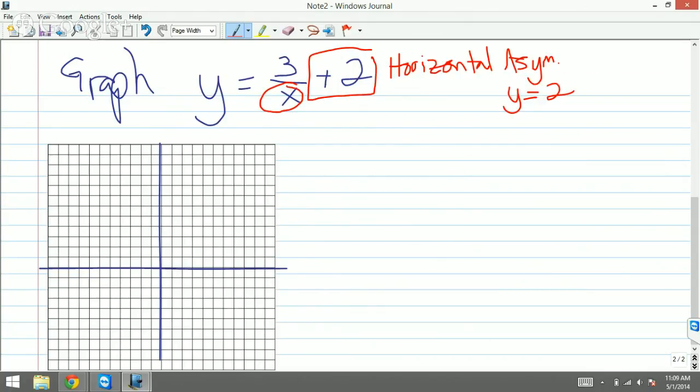Where is that undefined? If I divide by what? In math, it's undefined. 3, really? Somebody said it. 0. You divide by 0.